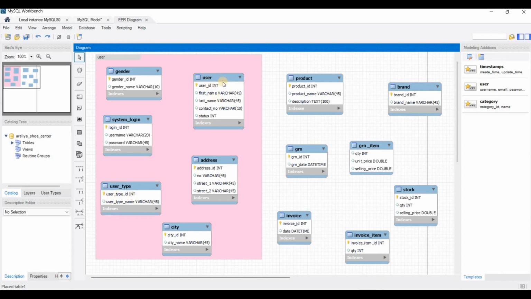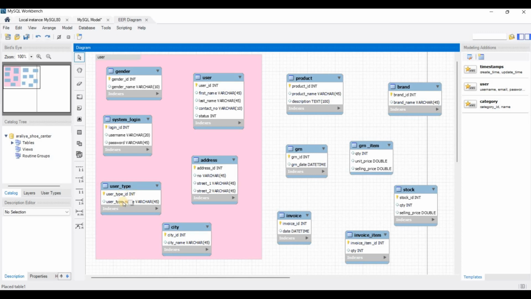When we get a user, only have one user type. A user has a user type. When we get a user type, as example, when we get the user type customer, there are so many users who are customers. As example, when we get the seller, there are so many sellers.